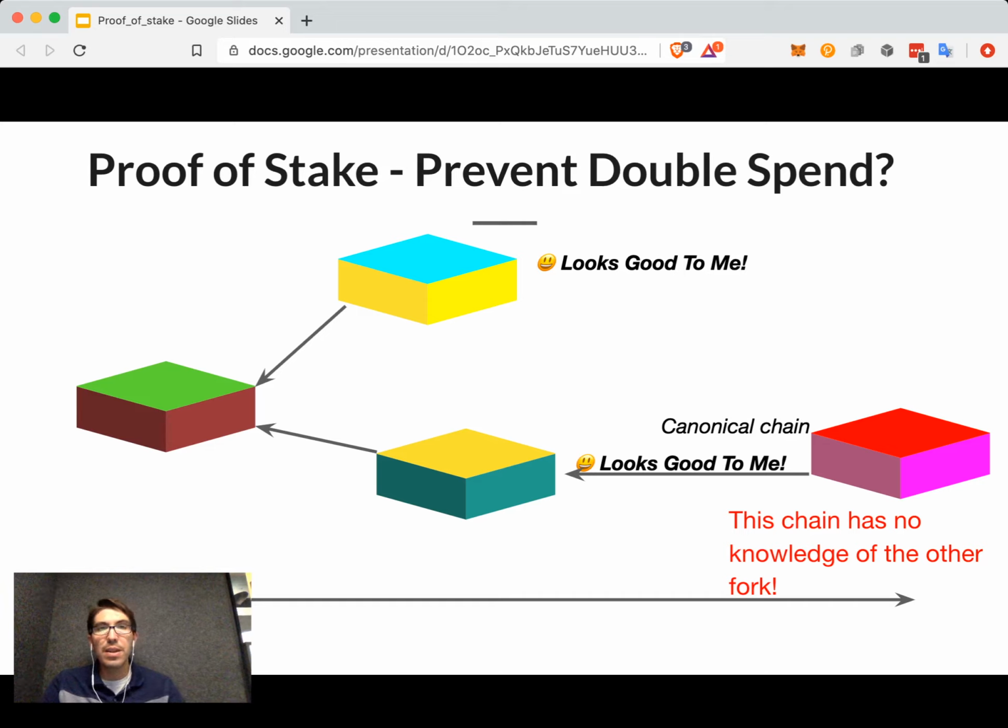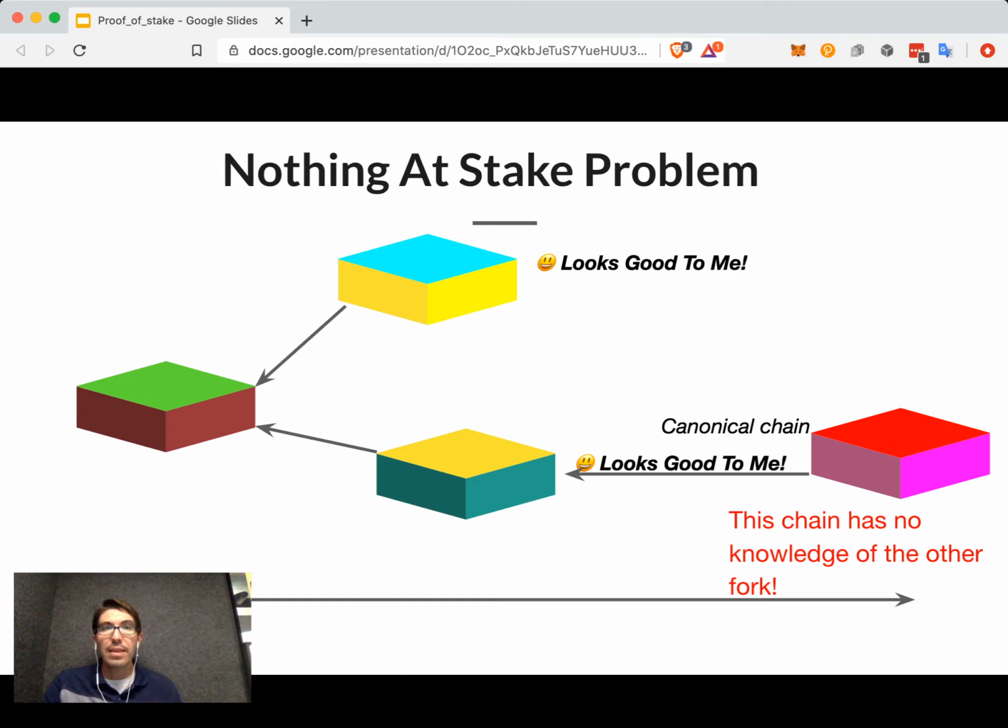This is called the nothing at stake problem: there is nothing preventing you as a block producer from generating multiple blocks, because from a chain perspective, that upper block is invisible. So there's no way to punish someone for trying a double spend attack, at least from an on-chain perspective.